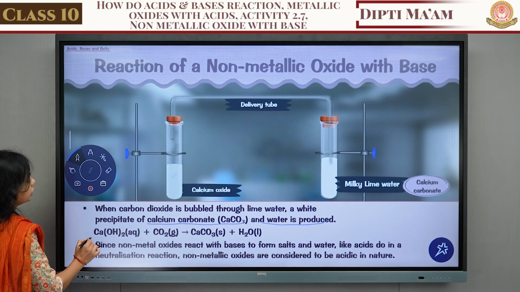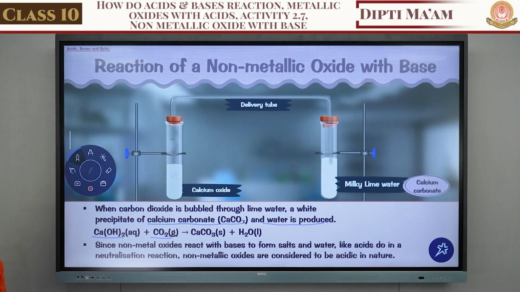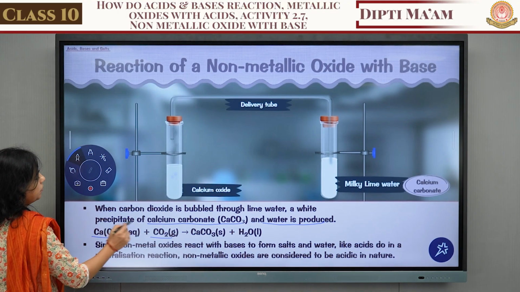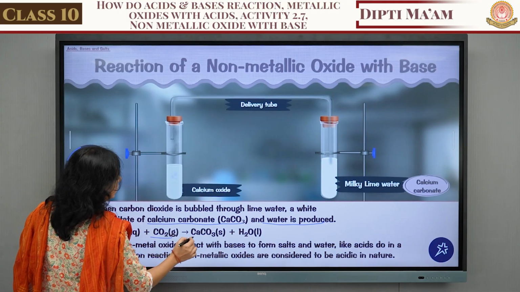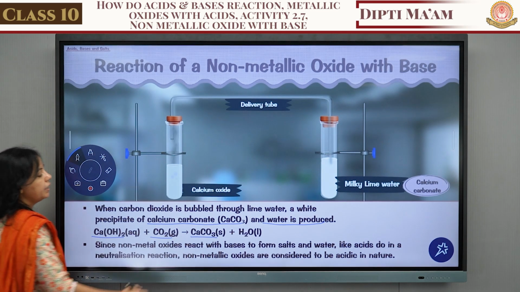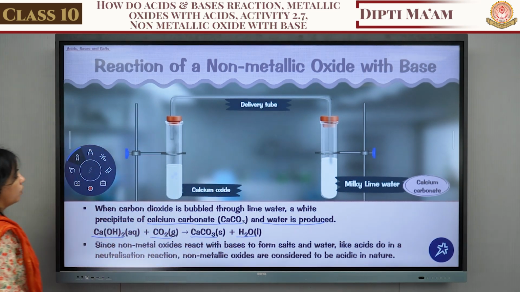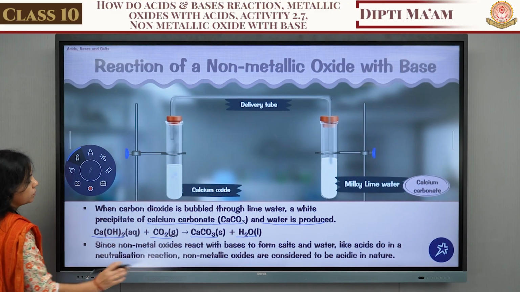So that is calcium hydroxide. If carbon dioxide gas is produced, this calcium hydroxide reacts with the carbon dioxide. Calcium hydroxide reacts with CO2. It will form calcium carbonate and a water molecule is formed.